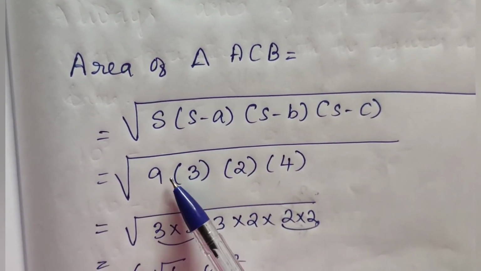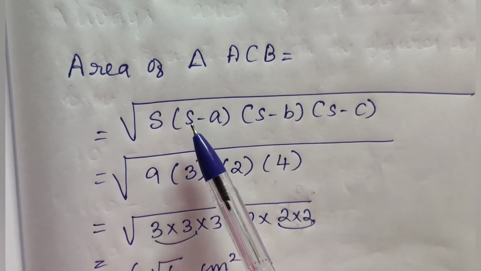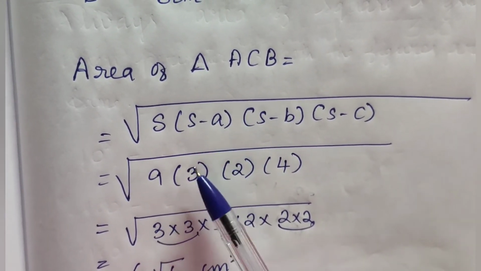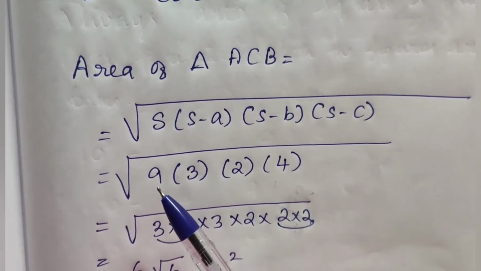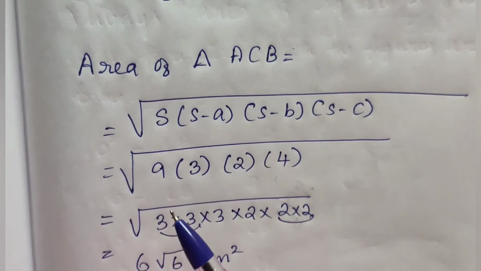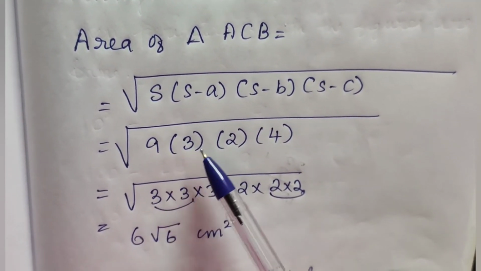So semi-perimeter is 9. First side is 6, so 9 minus 6, 3. 9 minus 7, 2. 9 minus 5, 4. So we get square root of 9 into 3 into 2 into 4.